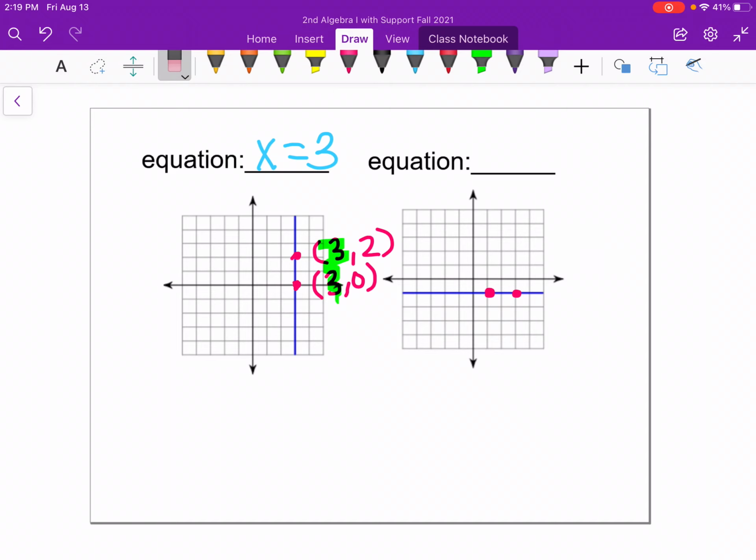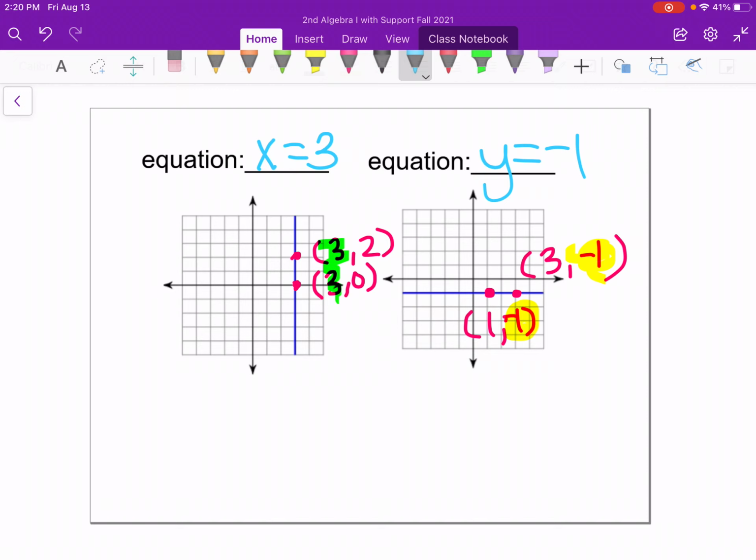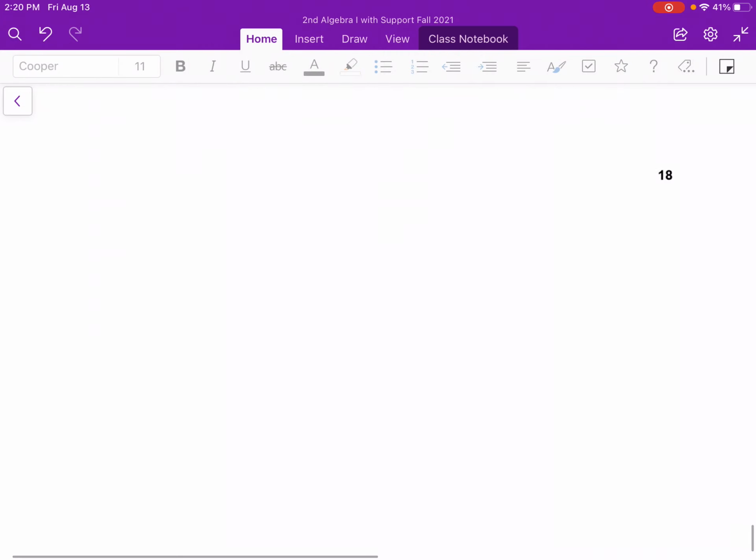Oops, let me write it over by that. And then the next one is the point 3, -1. And if you notice, my y value didn't change. And since my y value didn't change, that's y equals -1. So that's always how I remembered it. I thought it was easier. I can't memorize stuff very well, but I could do that, and that made the most sense to me.